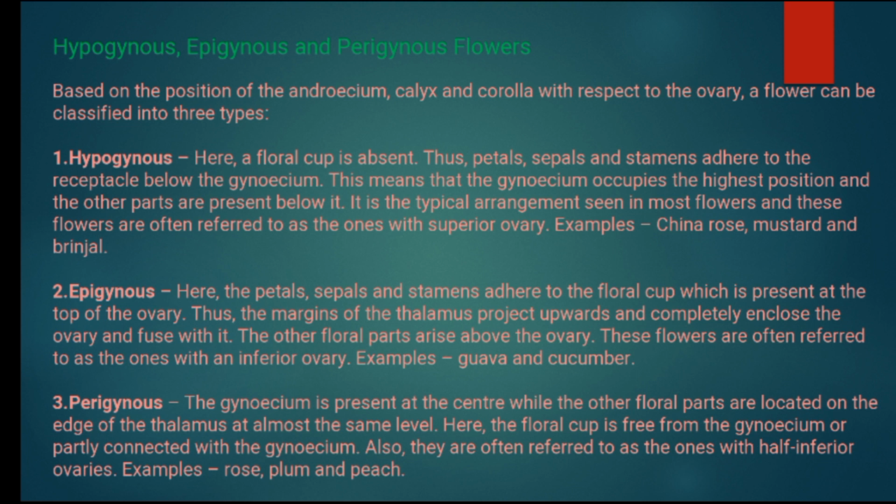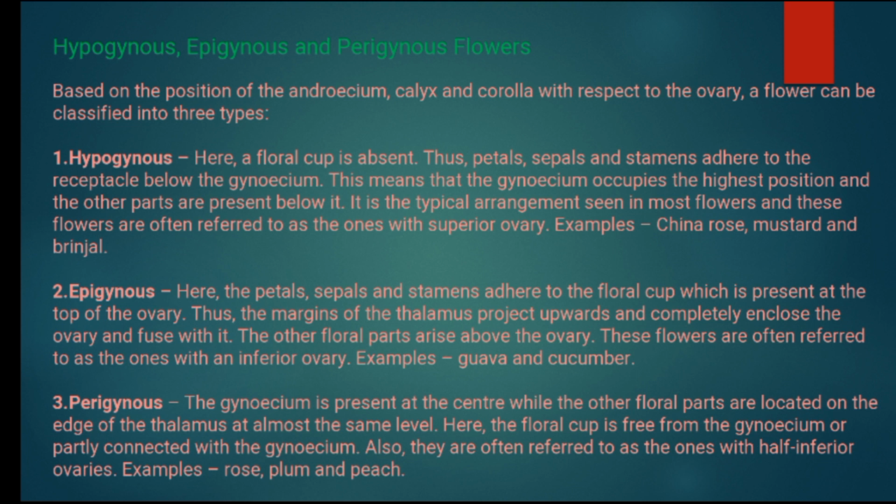These flowers are often referred to as the ones with an inferior ovary. The best examples of epigynous are guava and cucumber. In this flower the ovary is inferior, that is known as the epigynous condition, which is shown in guava and cucumber plants.